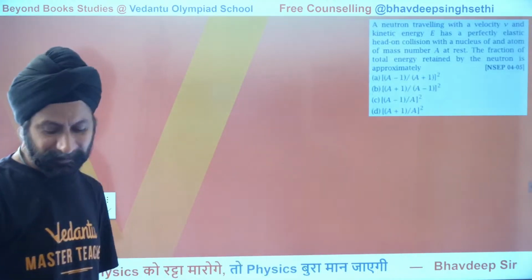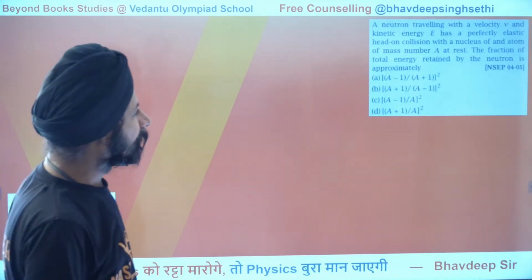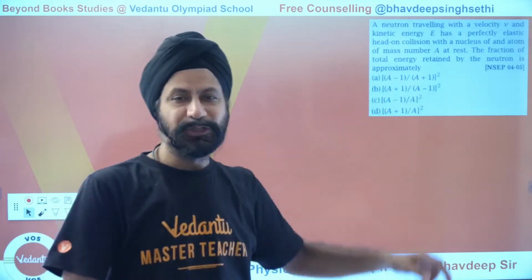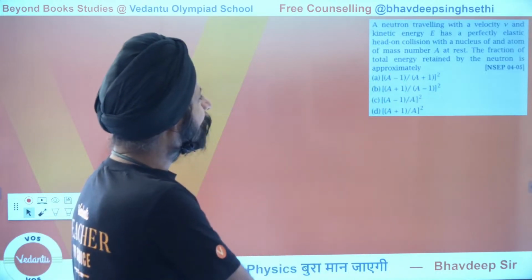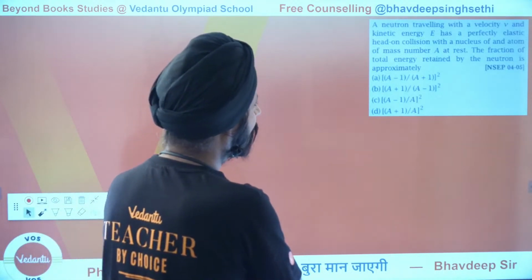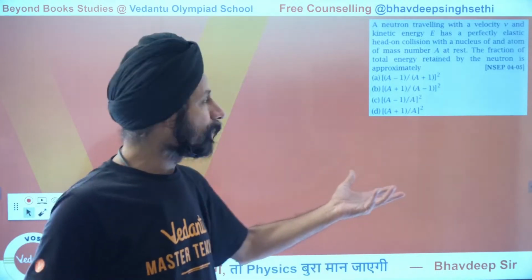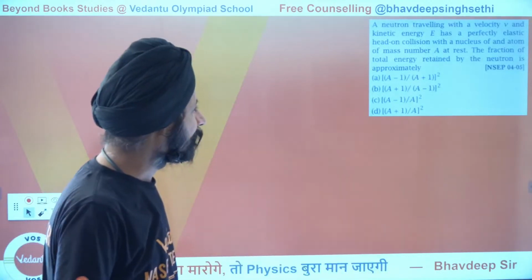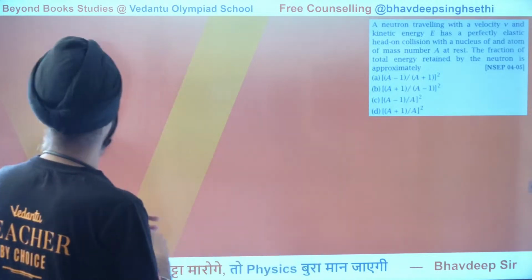Now, the very first question says a neutron traveling with a velocity v and kinetic energy E has a perfectly elastic head-on collision with a nucleus of an atom. That's a typo from the book I copied that question from. It is from NSEP 2004, 2005. Let's draw the picture here.